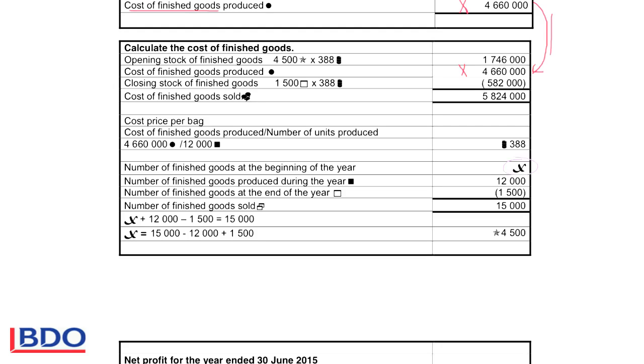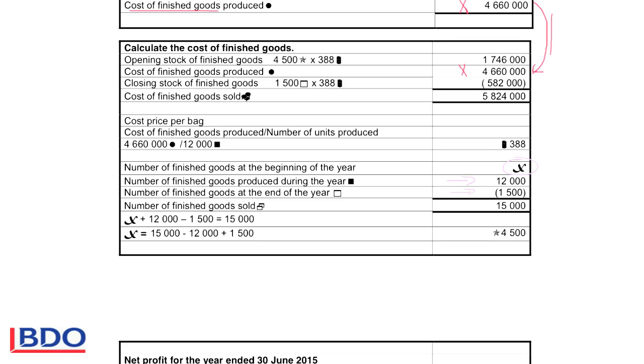So I had some goods at the beginning of the year, plus the ones that we made during the year. This 12,000 is given to me. The number of finished goods at the end of the year is 1,500. So that is the goods that were left over at the end of the year that we didn't sell. So this information is also given to me.